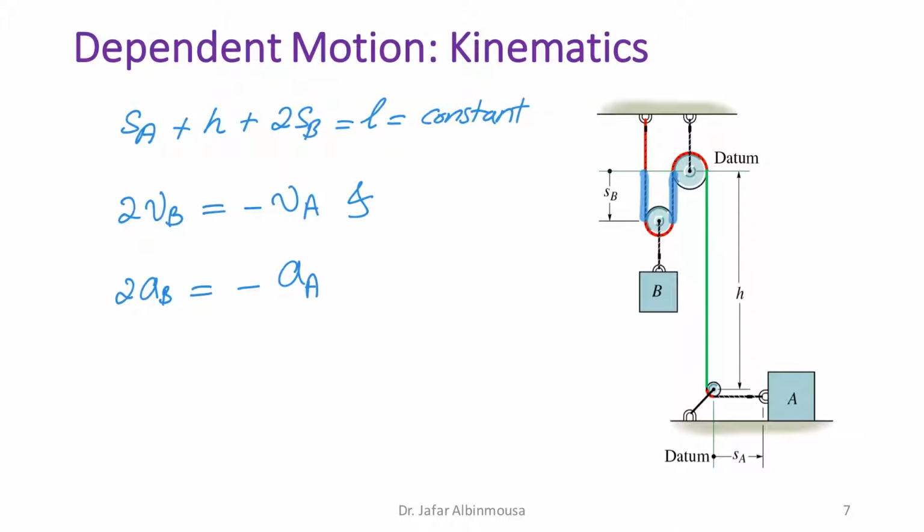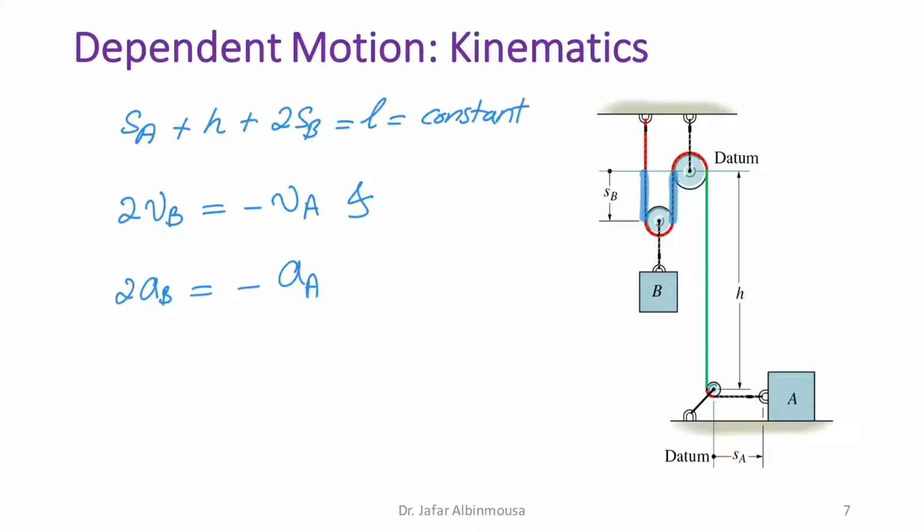Now, what this tells us is the following. It says that when block B moves downward, which is positive, A will move to the left, which is negative. And this is shown up here in the equation.